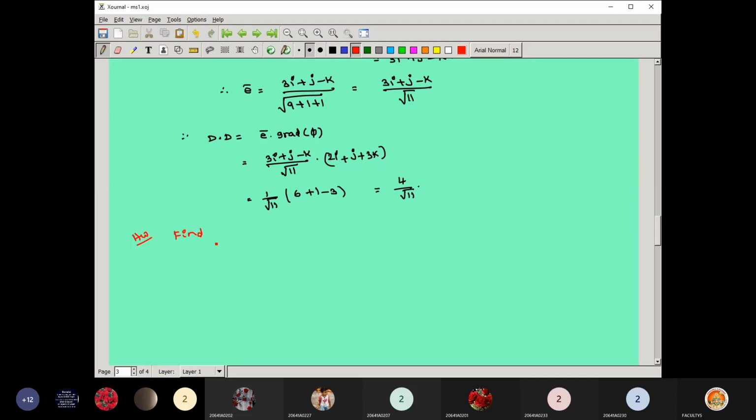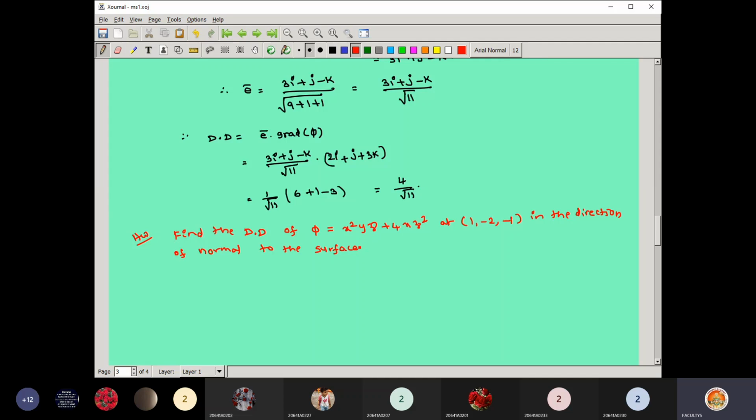Find the directional derivative. Find the directional derivative of, they have already given phi equal to x²yz + 4xz² at the point given 1, −2, −1 in the direction of normal to the surface.